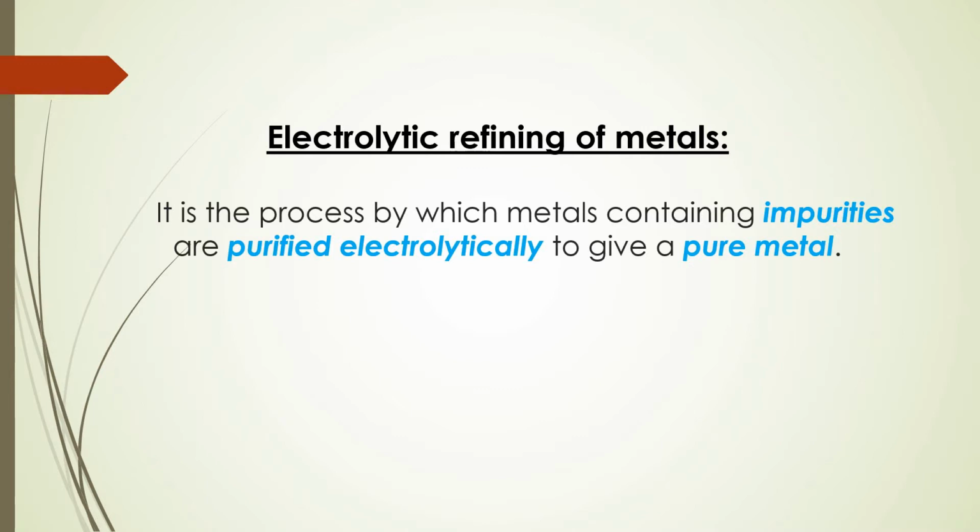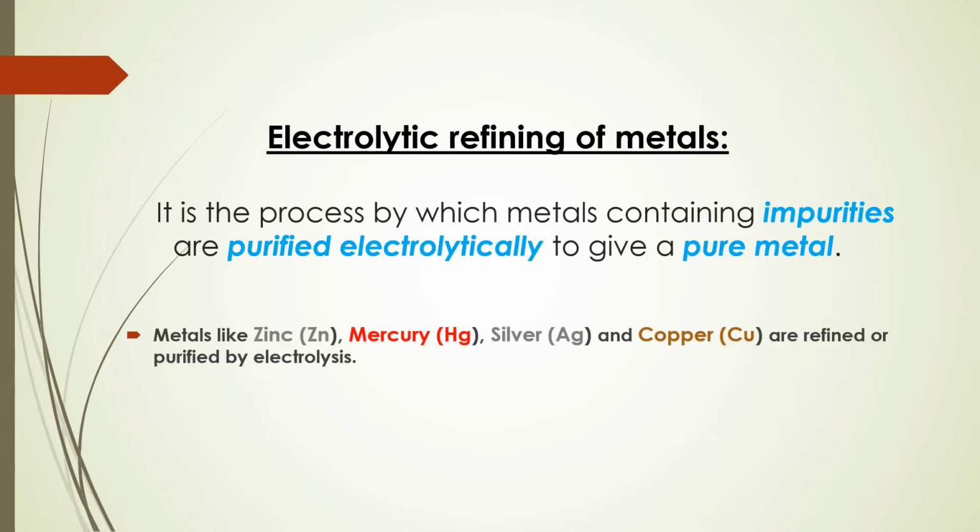By the passage of electricity to give a pure metal is known as electrolytic refining. Now, metals like zinc, mercury, silver, and copper are refined or purified by this method, by the method of electrolysis.